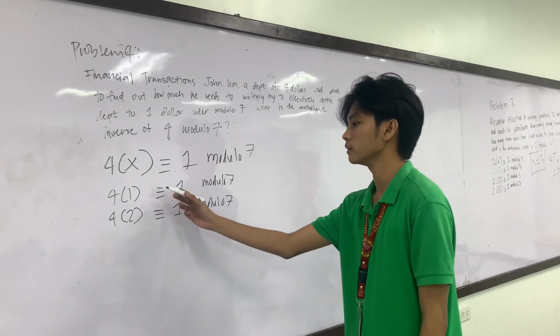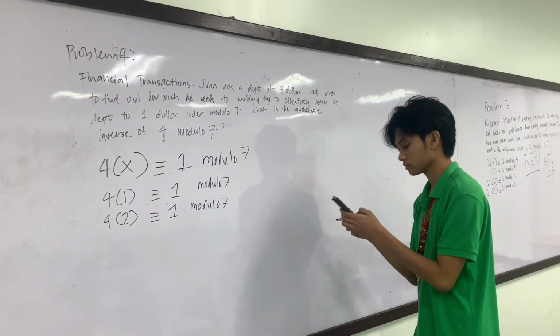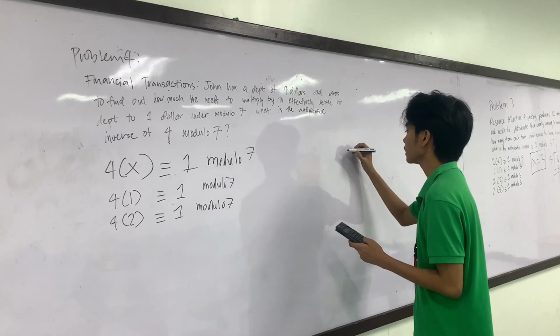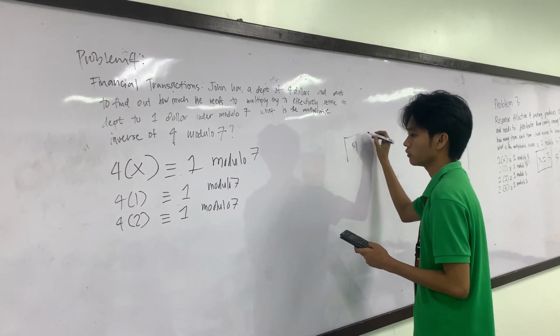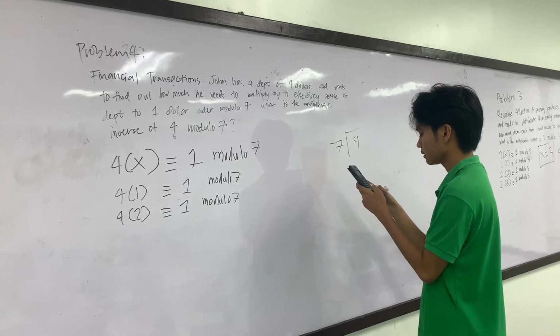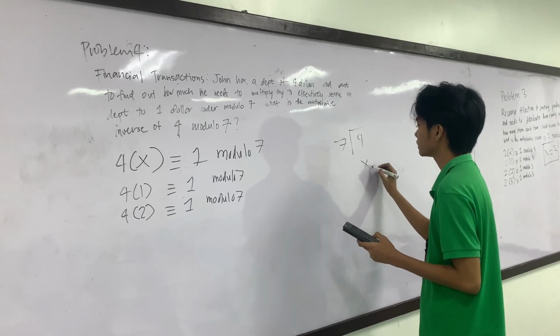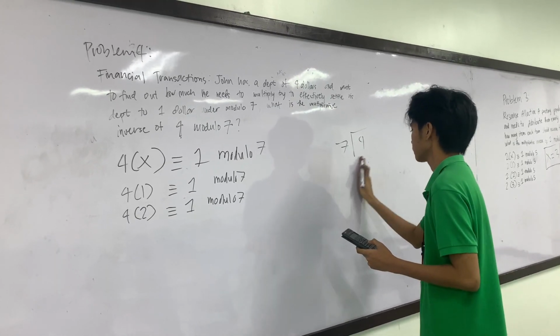Let's start with 1. 4 times 1 is 4 modulo 7, so still not the inverse.